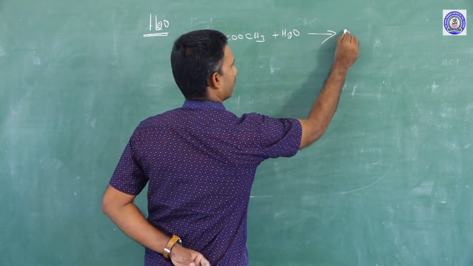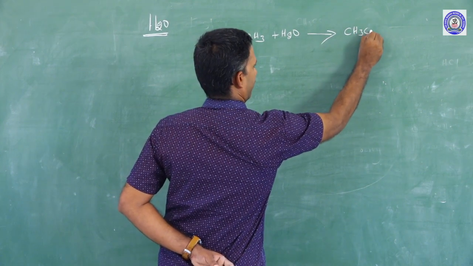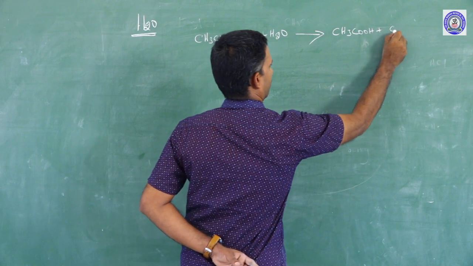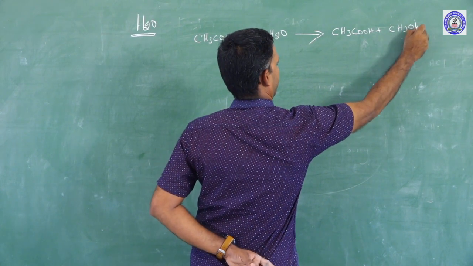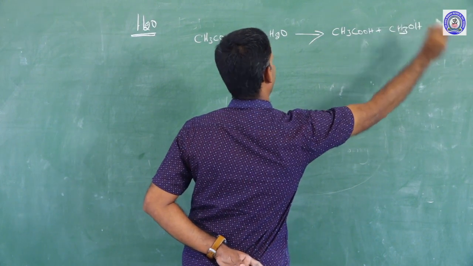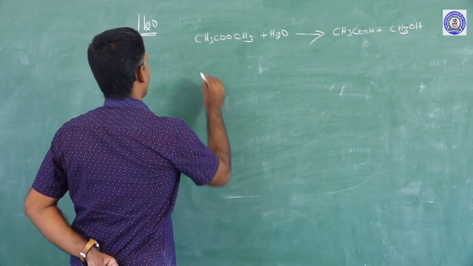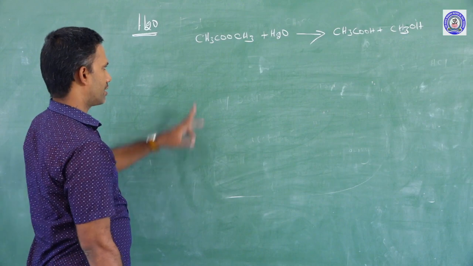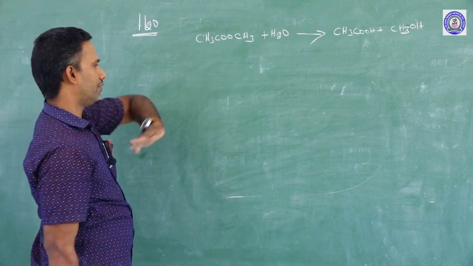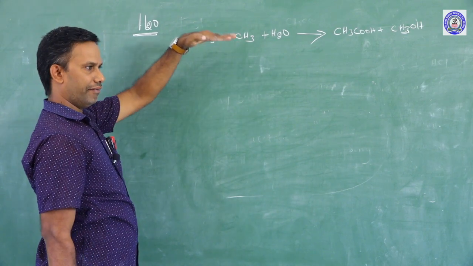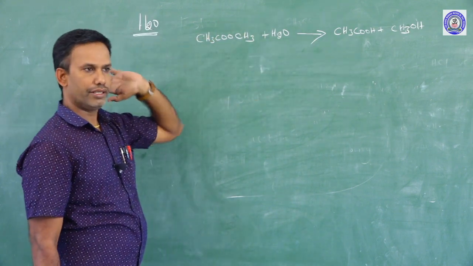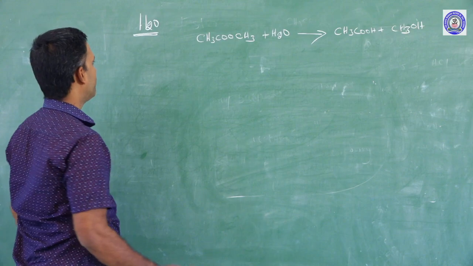That's why you are getting acid and alcohol, and the alcoholic part is methyl alcohol. This is called hydrolysis of ester. Ester hydrolysis gives acid and alcohol. Whatever ester is taken, the corresponding acid and alcohol will be formed during hydrolysis of ester.